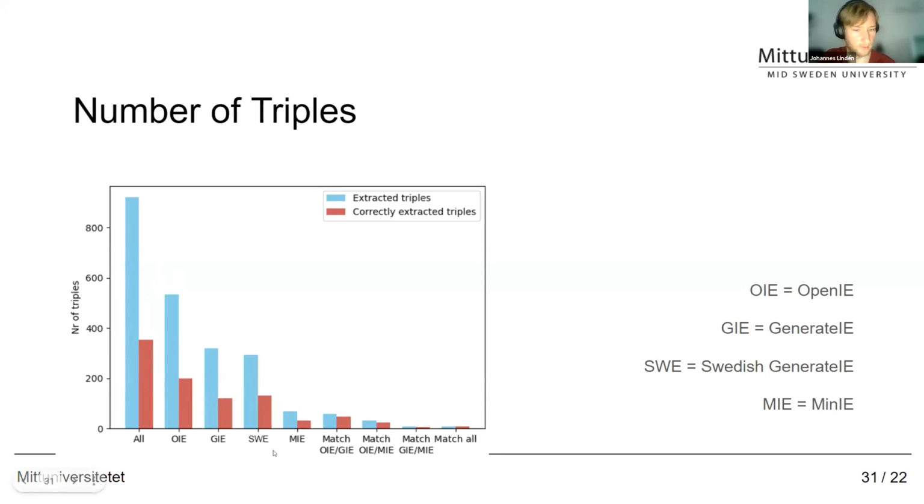So we can also look at if we combine the triples that both OpenIE and GenerateIE find. It's a lot fewer, but then the accuracy might also be higher, since it's almost the same number of correct as extracted ones. And if you match all, then there are barely any matches at all.